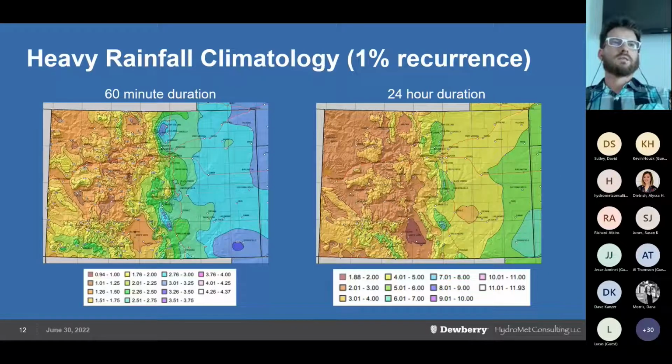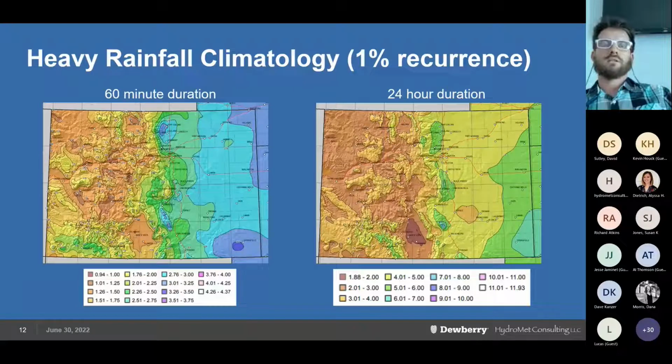And again, the 60-minute duration, if you think about what kind of storm that represents, that represents your typical conditional event where you have instability, and so you have a storm pop, and it can last for anywhere from 30 to 90 minutes, and the vast majority of its rainfall is going to come in that 30 to 60-minute time frame, and then it either dissipates or moves on to different locations.